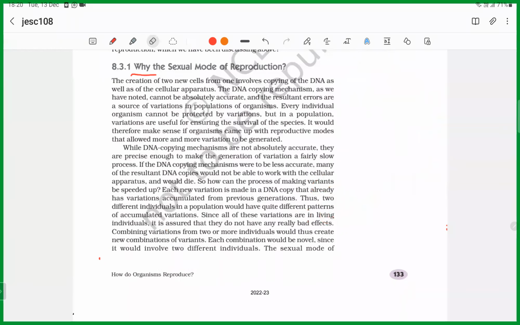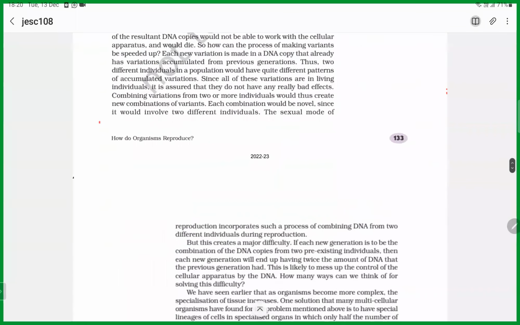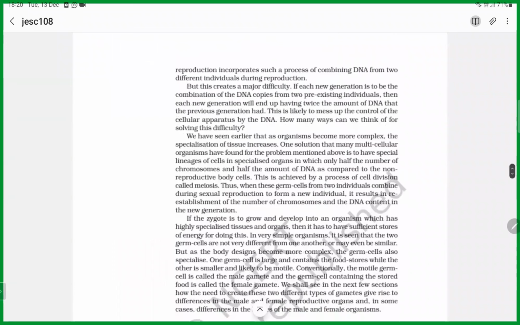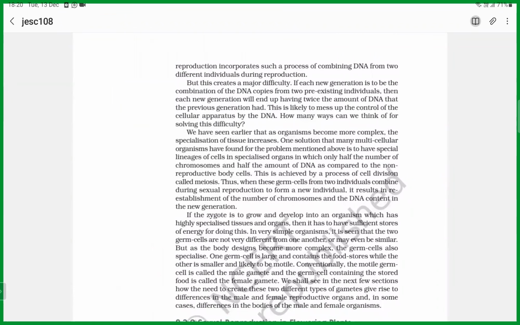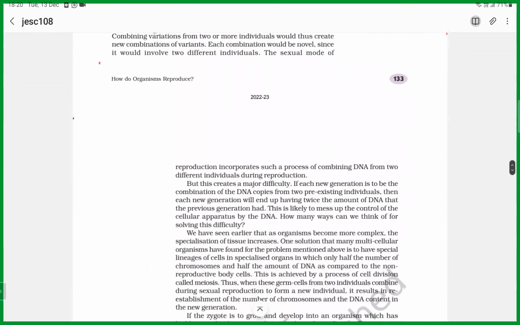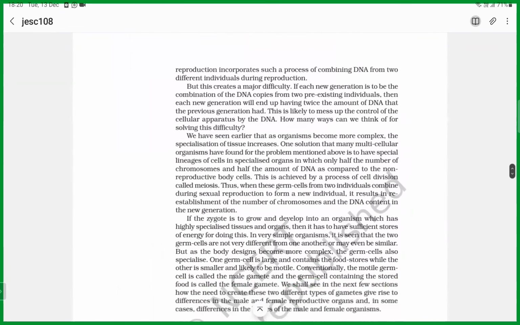Now, in sexually reproducing organisms, something called life span. What is called lifespan?